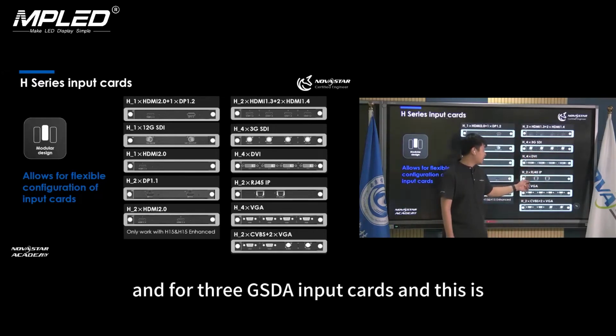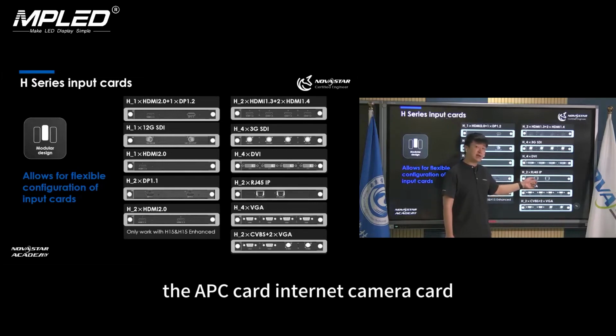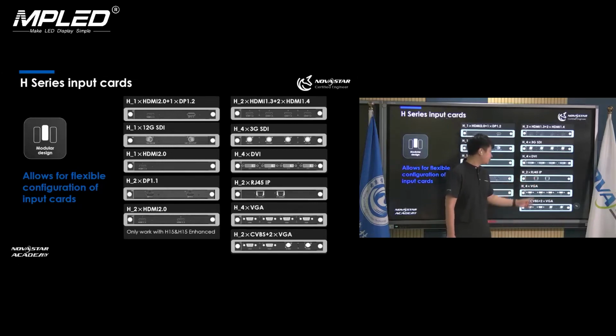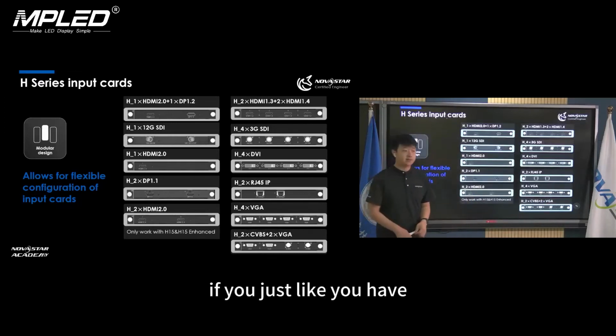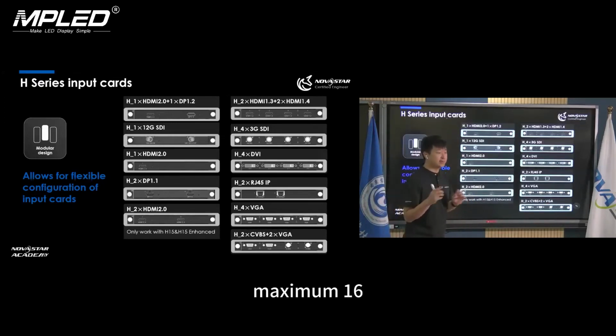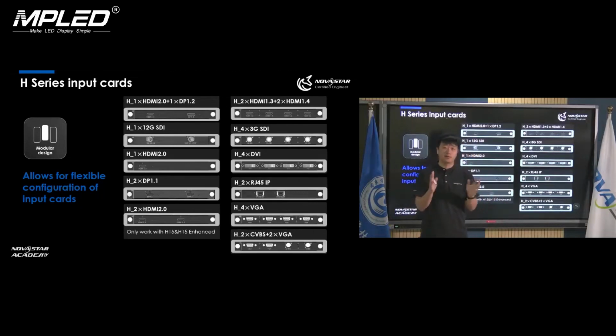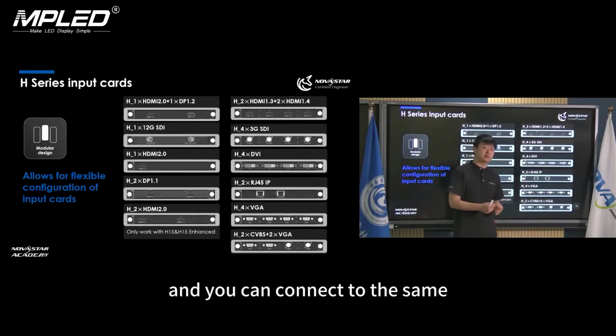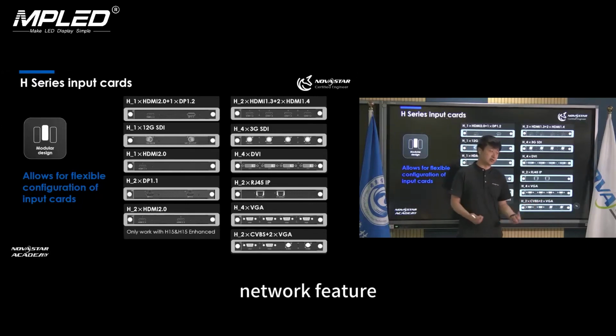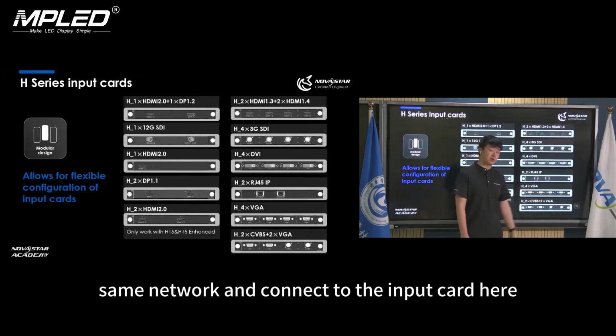And this is the IPC card, the internet camera card. So we have two RJ45 connectors. You can have a maximum of 16 internet cameras on a project, and you can connect them to the same network switch, same network, and connect to the input cards here.